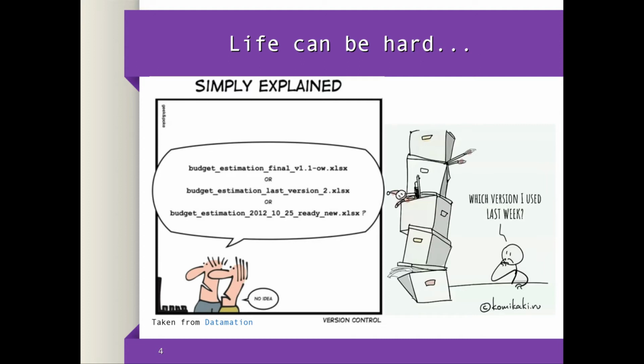If you have several documents or data set or whatever called like budget estimation 1, 2, 3, okay, that's fine. I mean, at least you have some ordering, you know what's the latest one.